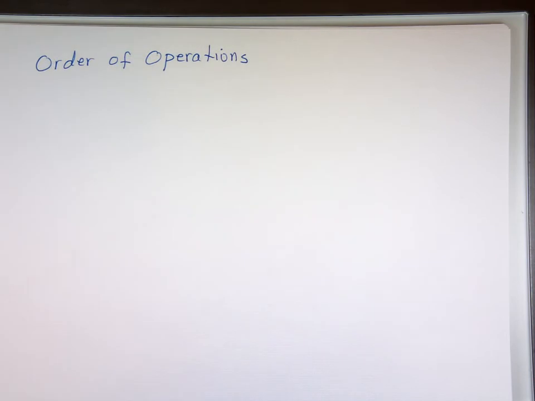Order of operations. When you have more than one operation, like parentheses, exponents, multiplication, division, addition, subtractions, which one do you do first?